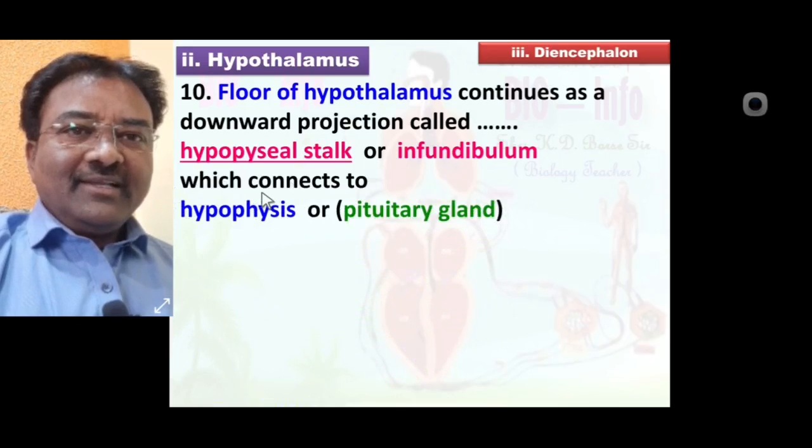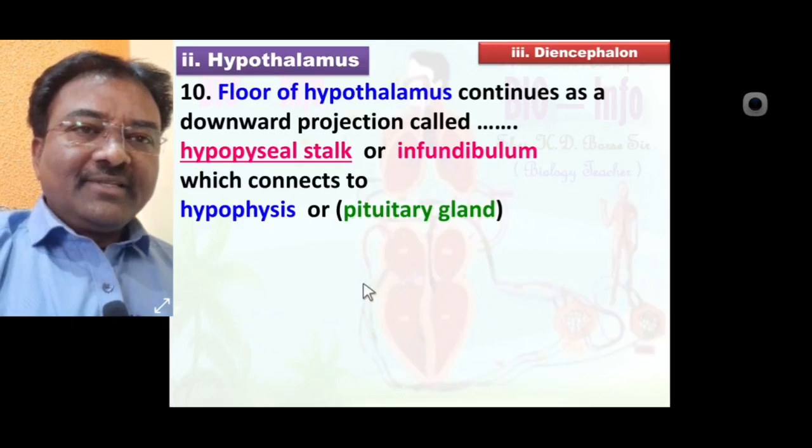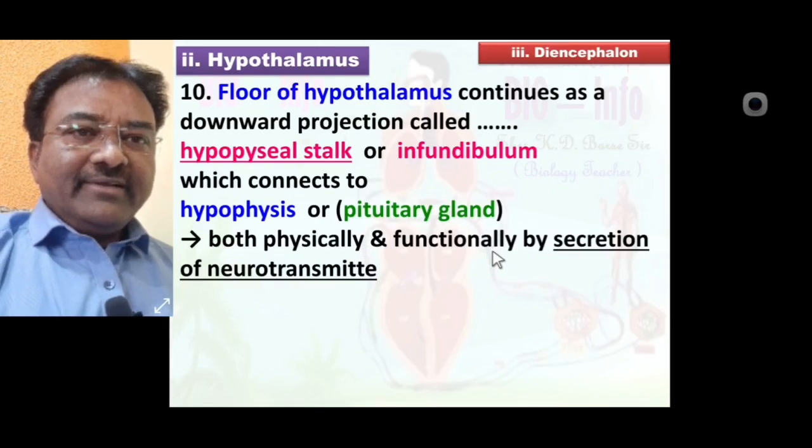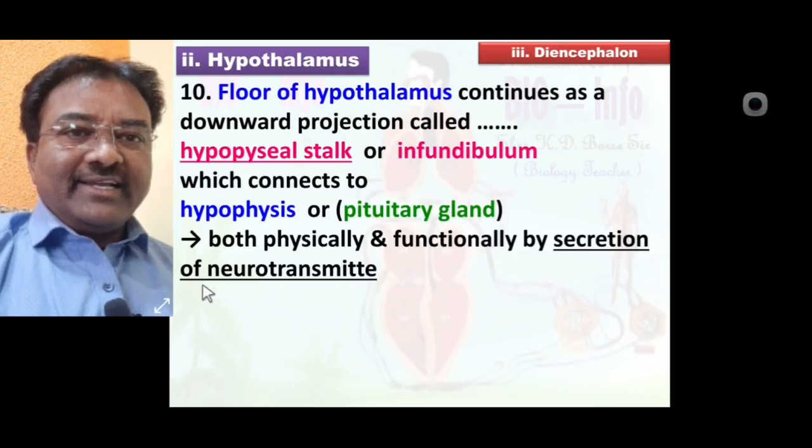Pituitary gland is also called hypophysis. Such gland is connected with the help of infundibulum, the hypophyseal stalk, to the hypothalamus. Such connection is responsible both physically and functionally, by secretion and neurotransmission.